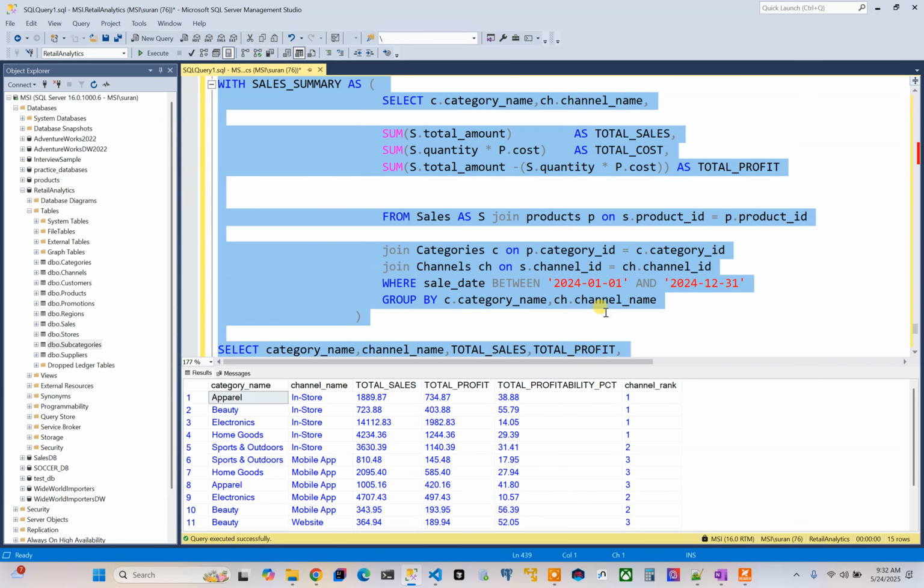Okay, so now it is crystal clear that our objective was to identify which category is performing best in the channel store. So apparel is giving 38% profitabilities, beauty is giving 59% profitabilities.